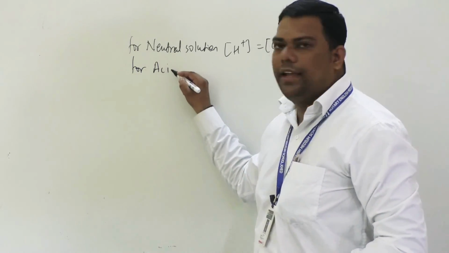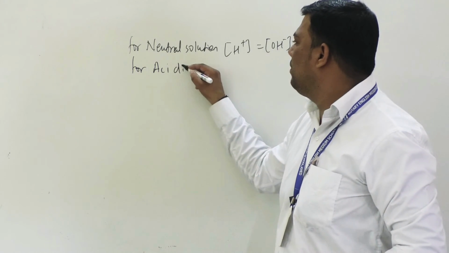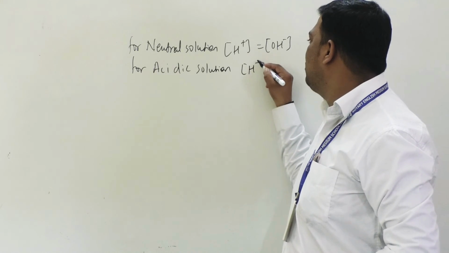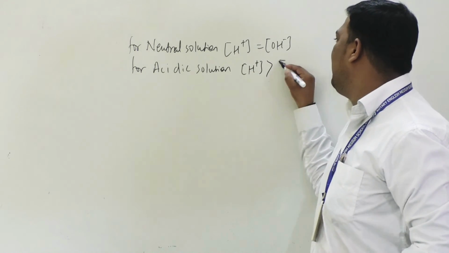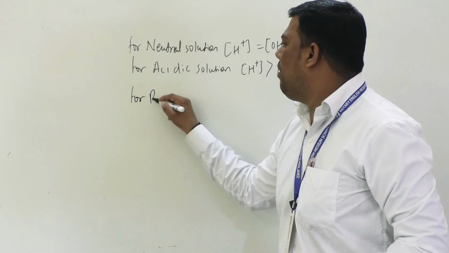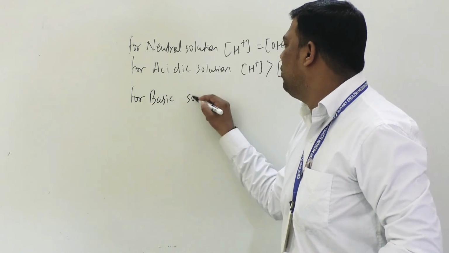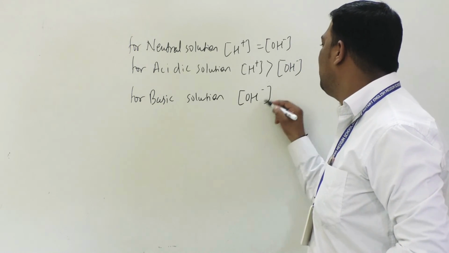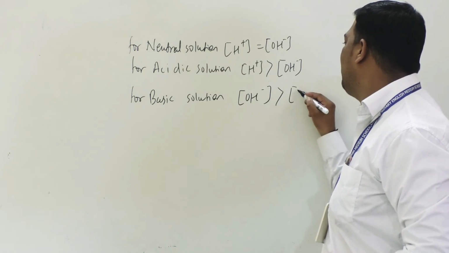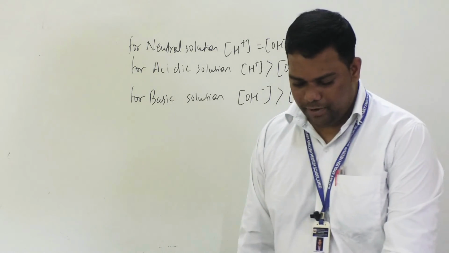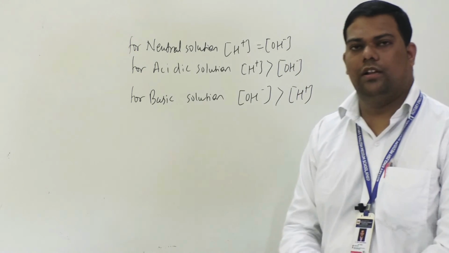For an acidic solution, the concentration of H plus is greater than the concentration of OH minus ion. For a basic solution, the concentration of OH minus is greater than the concentration of H plus. So you have to keep all this in mind.